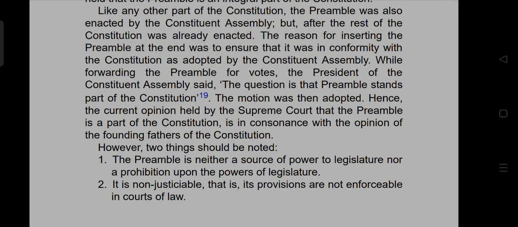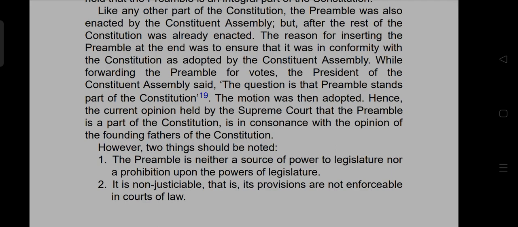While forwarding the preamble for votes, the President of the Constituent Assembly said, "The question is that the preamble stands part of the Constitution." The motion was then adopted. Hence, the current opinion held by the Supreme Court that the preamble is part of the Constitution is in consonance with the opinion of the founding fathers of the Constitution.